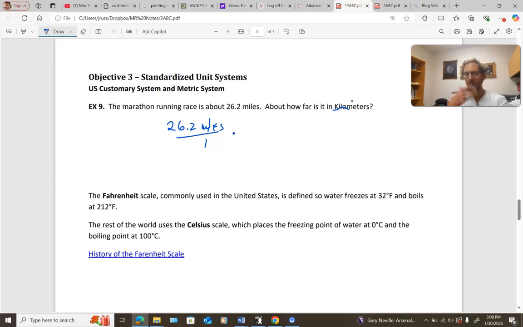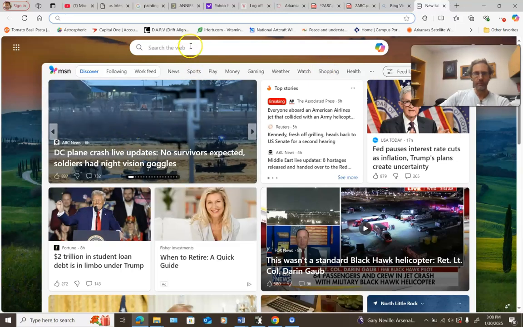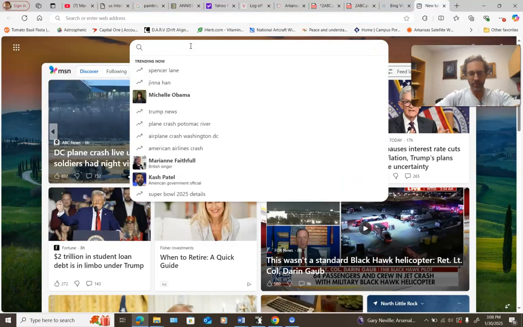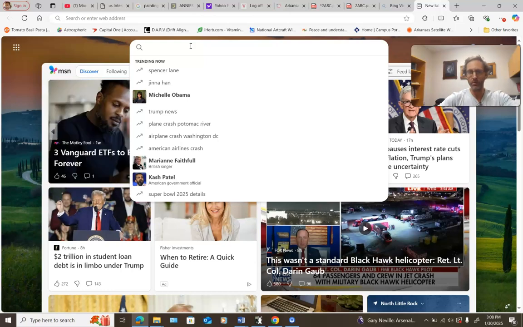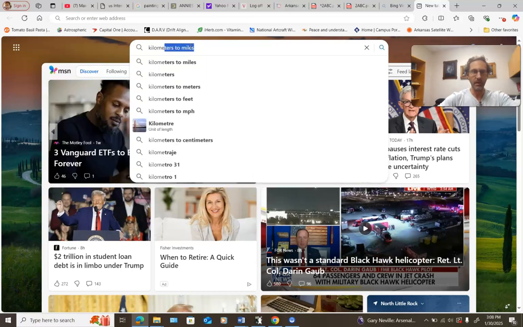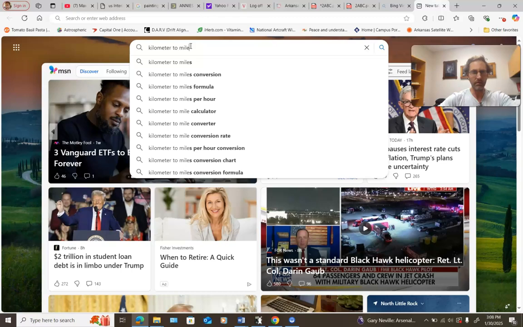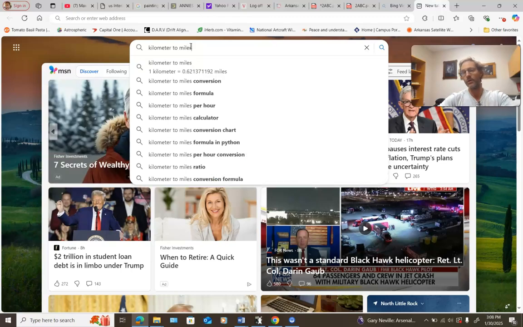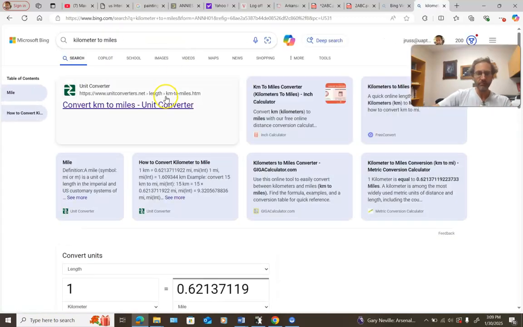Now some of these you may need to look up. You can just do a quick Google search, or any sort of search, it doesn't have to be a Google search. So you can type in here kilometer to mile, or miles, or in the reverse order, it doesn't matter.